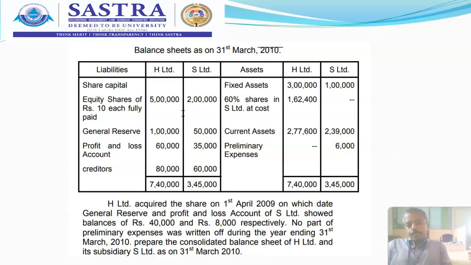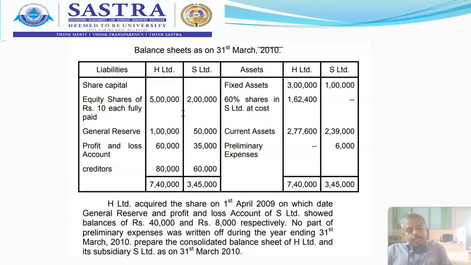So what happens now? The entire 6,000 which is shown in the balance sheet as preliminary expenses needs to be adjusted in the before acquisition of shares period itself. So now we have general reserve 40,000, profit and loss account 8,000, total 48,000. Why do we need to subtract the preliminary expenses?